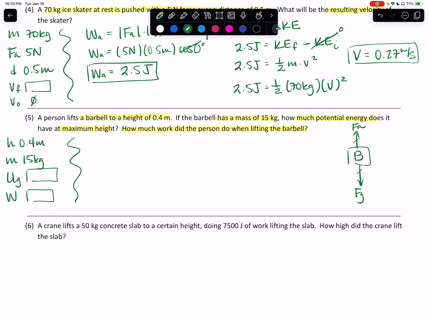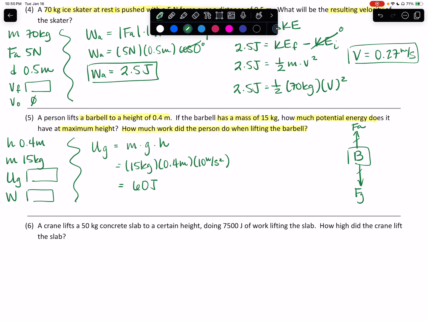So that means I can calculate my gravitational potential energy using mass times gravity times height. In this case, 15 kilograms times 0.4 meters times 10 meters per second squared. We multiply that out and we have 60 joules of gravitational potential energy.